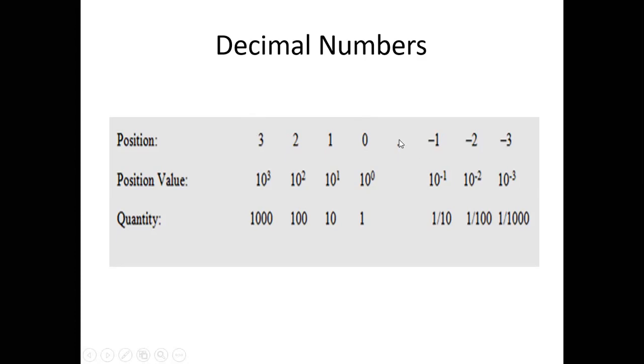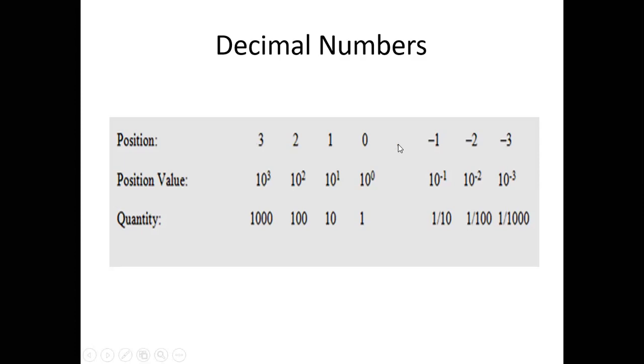Now what I need to make mention of also is that some numbers have decimal values. We have a decimal point and numbers after the decimal point. These numbers after the decimal point also have positions. From the decimal point going to the left, we have position 0, position 1, position 2, position 3.